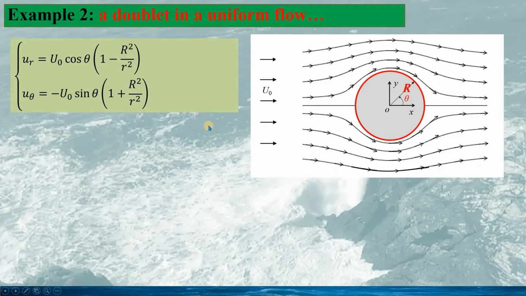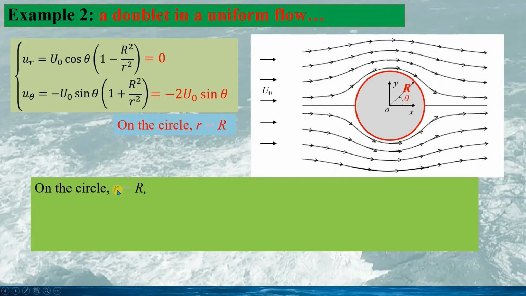Now we examine the velocity components on a circle of radius r. On the circle r equal to capital R, we obtain that the radial velocity is 0, and U theta is given as this.